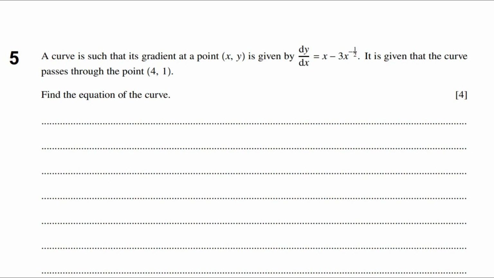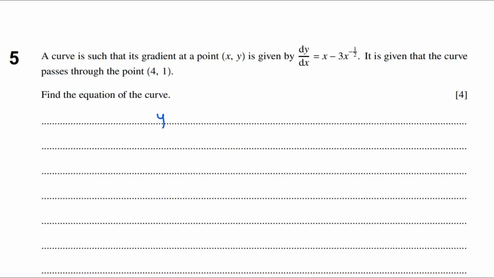So we need to integrate the given dy by dx function to get the equation y is equal to in the form. And to find the constant we need to use the value 4 comma 1, which is the coordinate point given here. So first let's integrate the given function dy by dx.